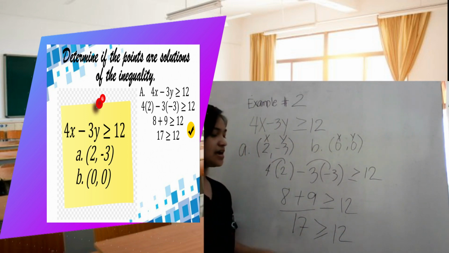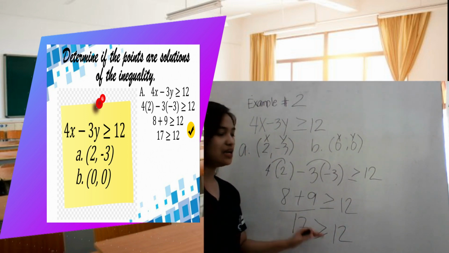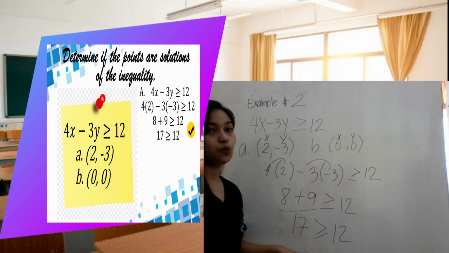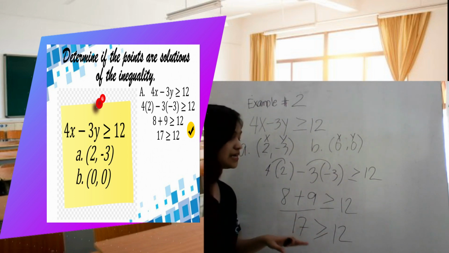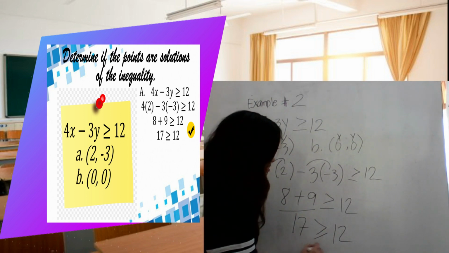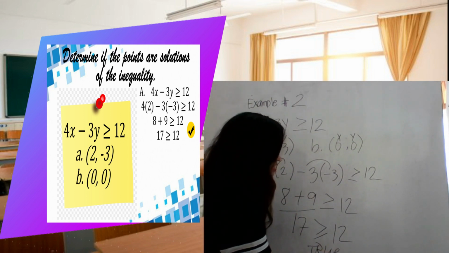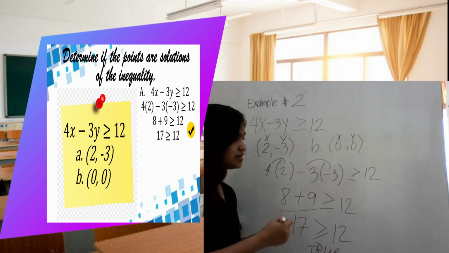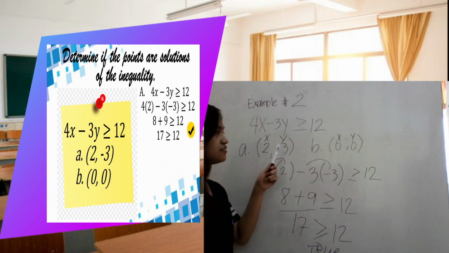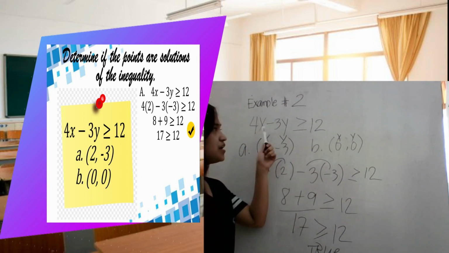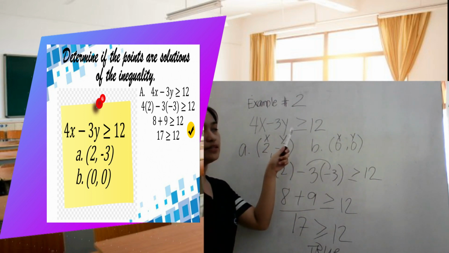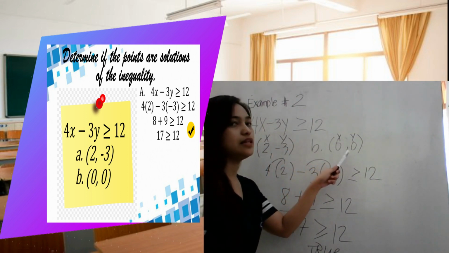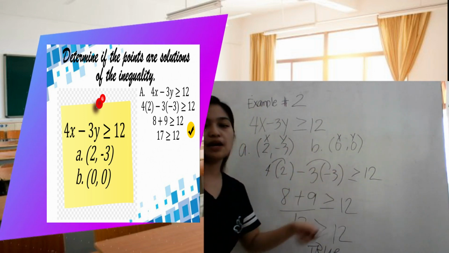Is it true na ang 17 daw ay mas mataas or equal kay 12? Is it true? Obviously, the answer is true. Kasi mas malaki naman po talaga ang 17 kaysa kay 12. So, that means (2, -3) satisfies this inequality. So, how about letter B, which is (0, 0)?